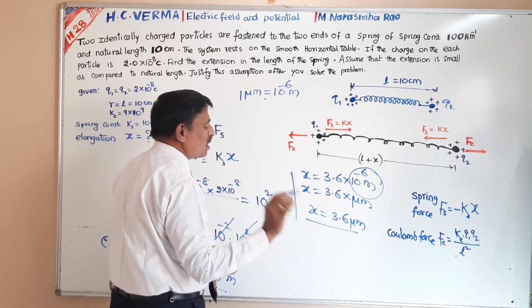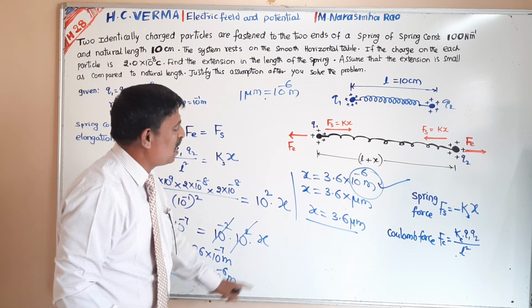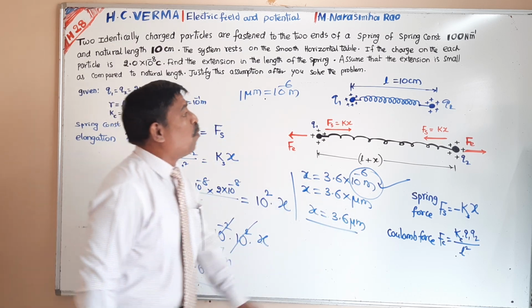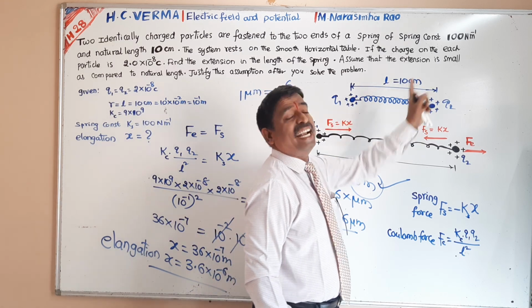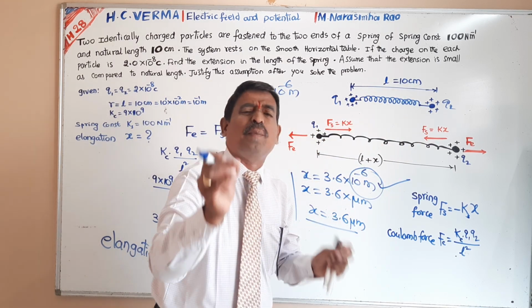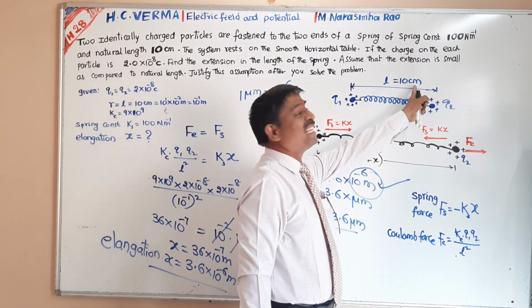In the textbook, this is the answer given. I am comparing now: the elongation is in micrometer, while the original length is in centimeter. A micrometer is very, very small when compared to a centimeter.